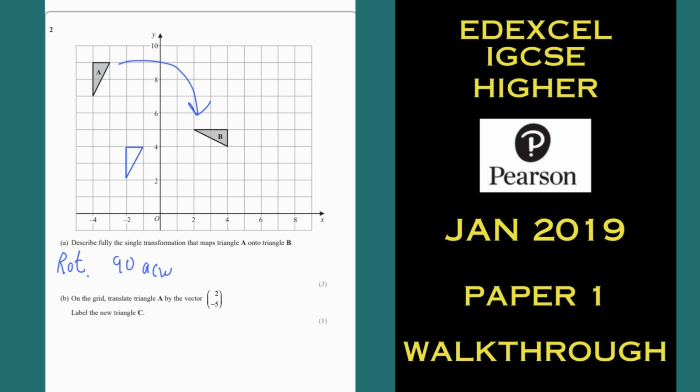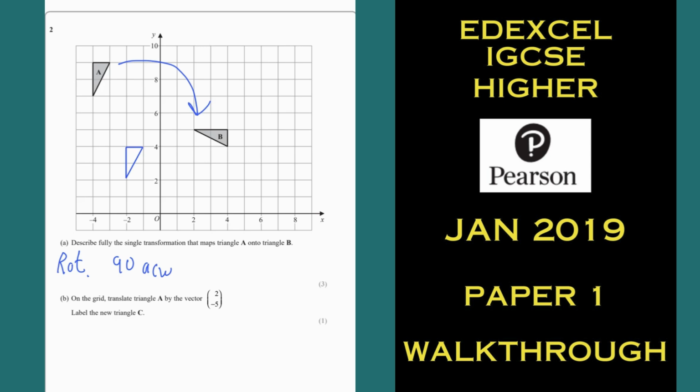You just need to find the centre. Now you could ask for some tracing paper and do a little bit of trial and error, but at the end of the day, you will zoom in. It's around that point there. If you do a little counting exercise, up 2, right 4, left 2, up 4, that's the rotation you are after.